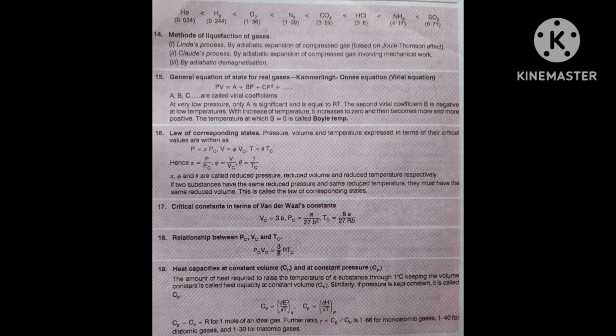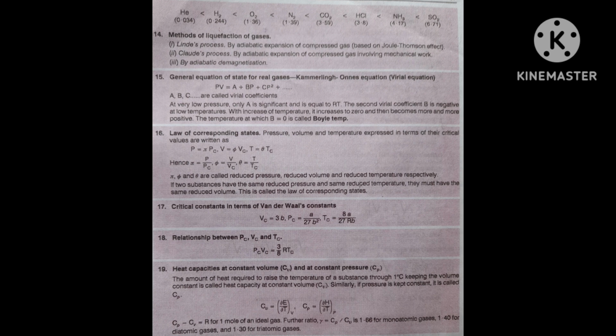You remember what pi, phi and theta are? Pi is called reduced pressure, phi is called reduced volume, and theta is called reduced temperature. Pi is related to pressure, you have seen, that's why it is called reduced pressure.